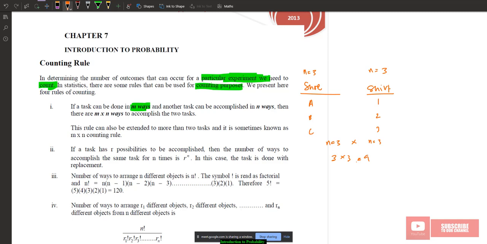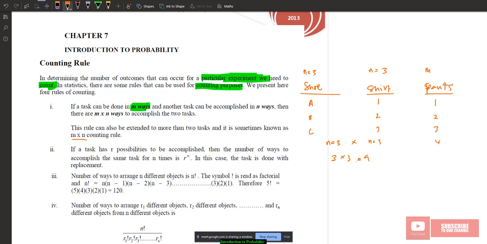So this rule can also be extended to more than 2 tasks. It is sometimes known as the m multiplied by n counting rule. So if you have more than 2 tasks, let's say you have another one, pants, right? So you have, let's say, 1, 2, 3, 4 types of pants to choose, to pair with shoes and shirts, right?